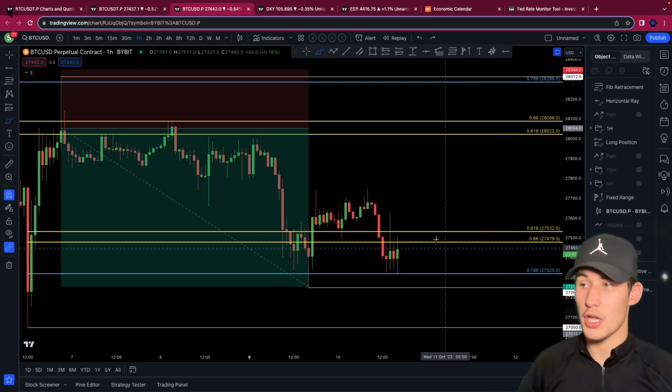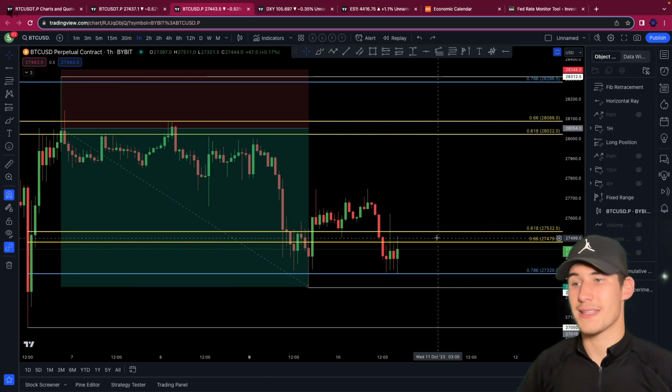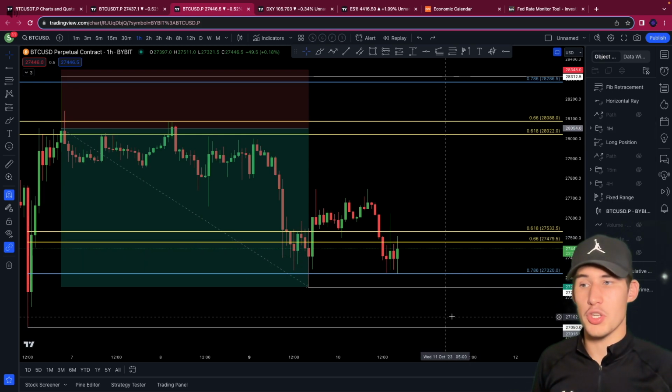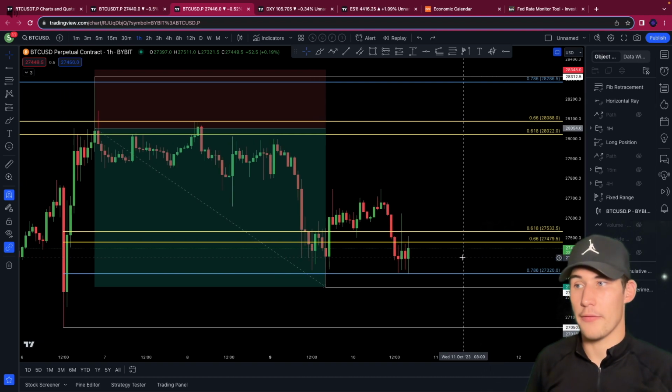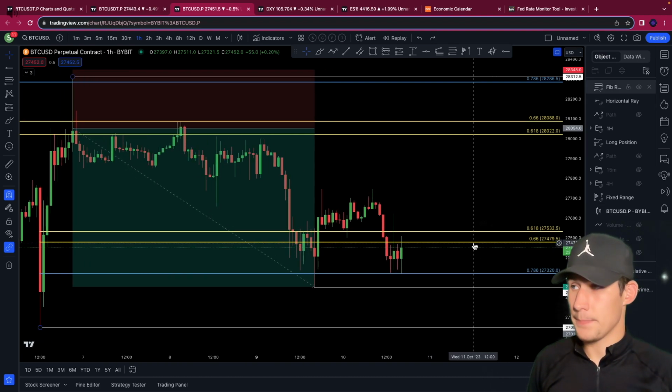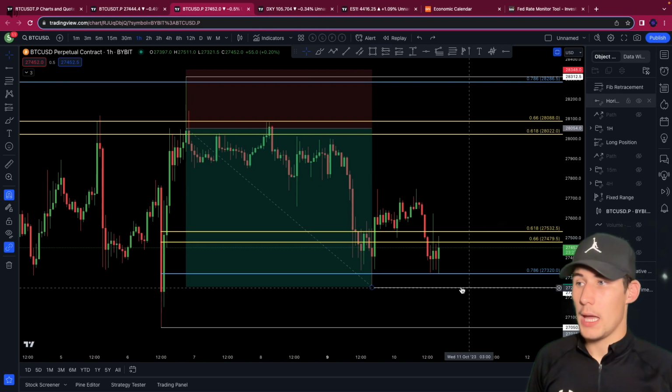So to the downside, those are the only two levels that I'm interested in longing at this moment in time. Of course, if we don't see the bullish confirmation at either one of these levels, then we're looking for much lower prices from there. But that is what I'm looking at towards the downside.